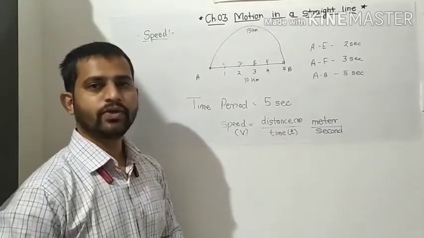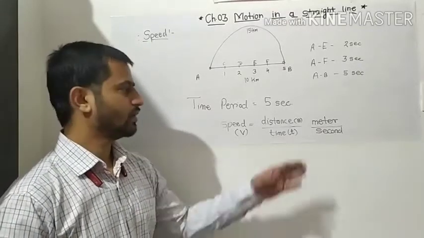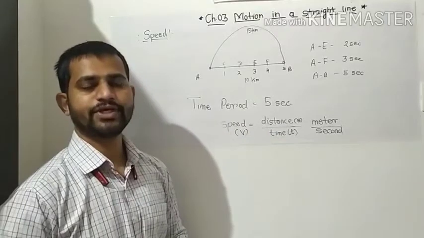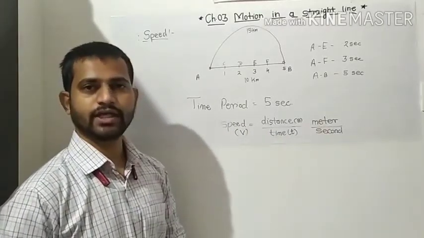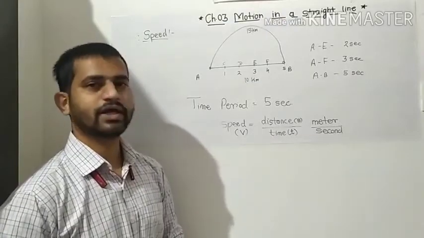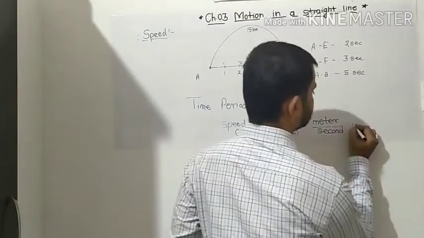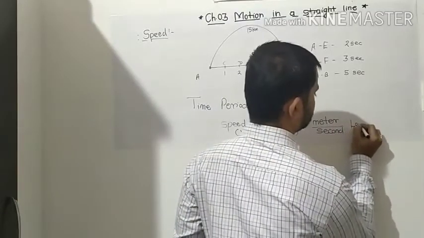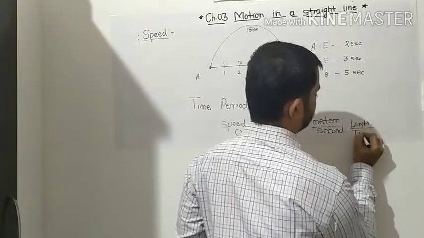Now, what about the dimension of speed? We know meter has the dimension of length, and the second has the dimension of time. So it is length upon time.